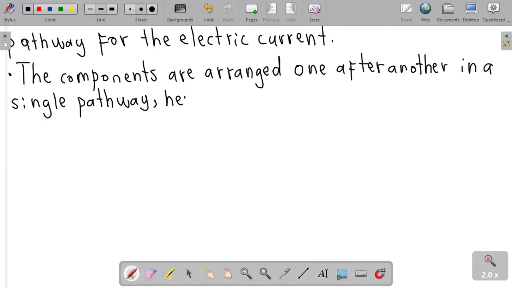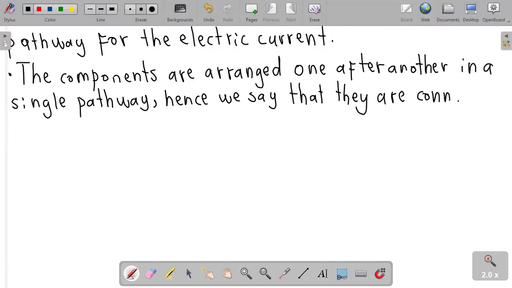So hence we say that they are connected in series.